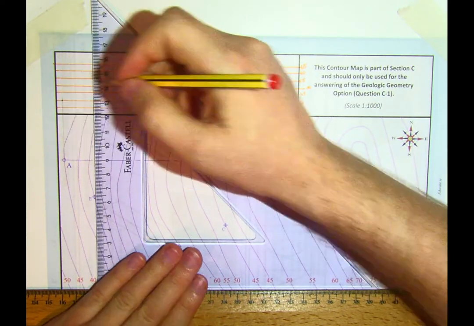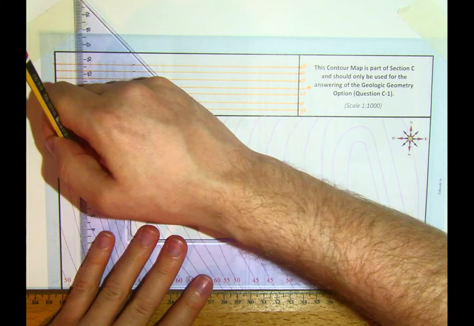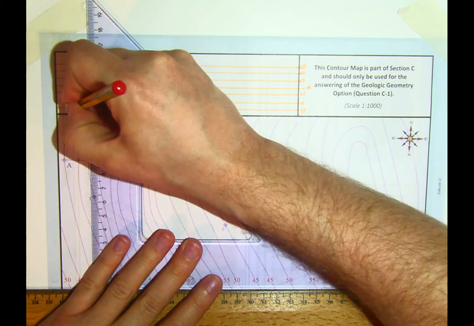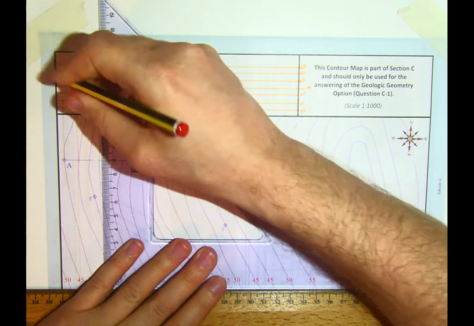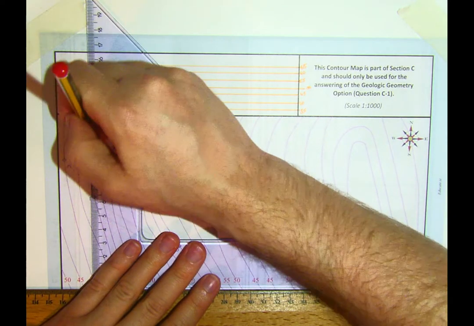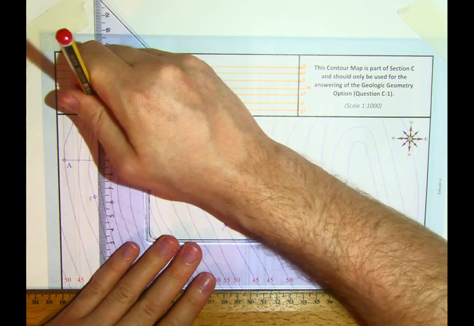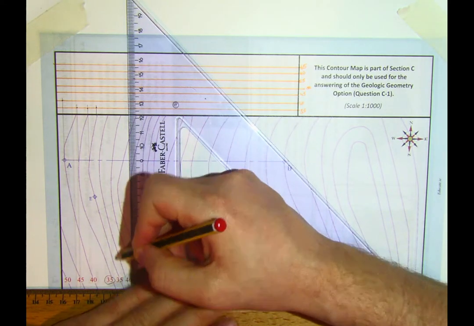The next one up here is on the 35 and 35 again. So I missed one. By 40.